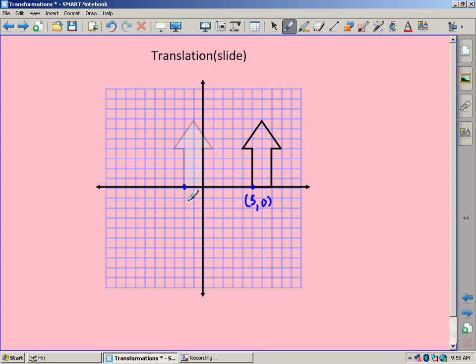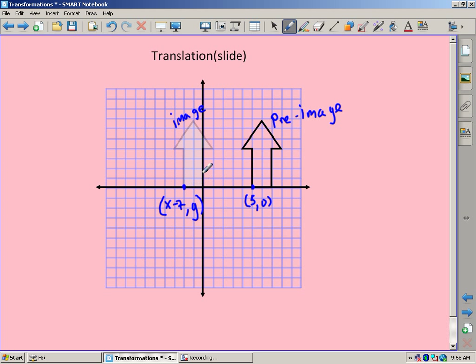So for the x values, it would be x minus 7, because that is how much I moved from the original position. This is my pre-image, and this over here, the colored thing, is the image, my copy. So I moved it back 7. My y value didn't change any. It's still at 0, so that would be y.